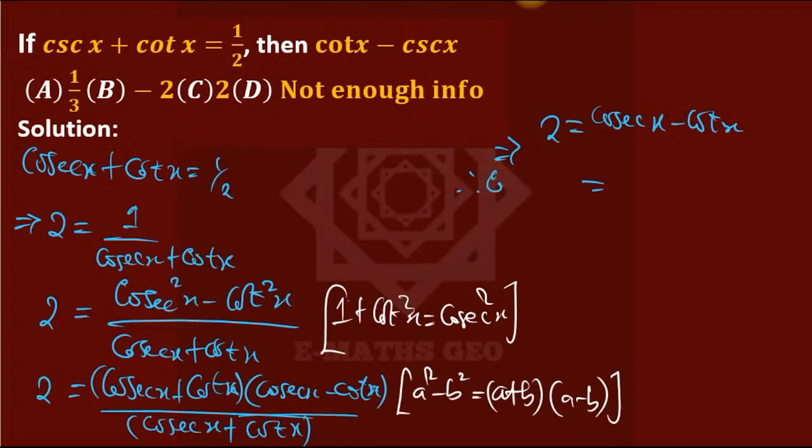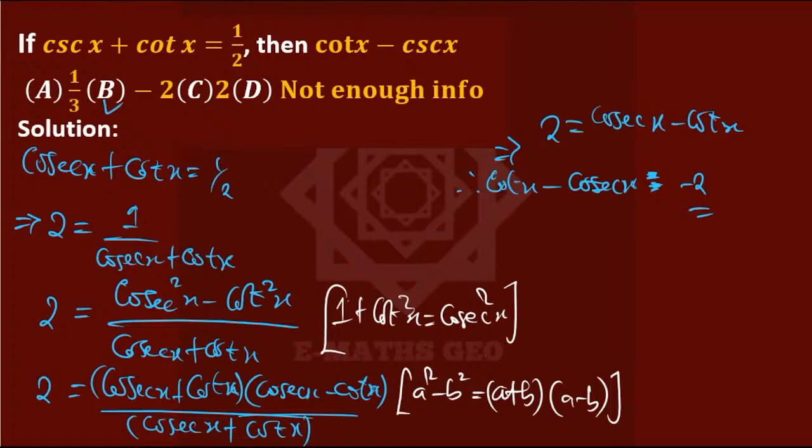Therefore, cot x minus cosec x is now minus 2. Yes, if we move the 2 to the left hand side, then cot x minus cosec x, the 2 goes to the right hand side to be negative. So that's our answer, option B.